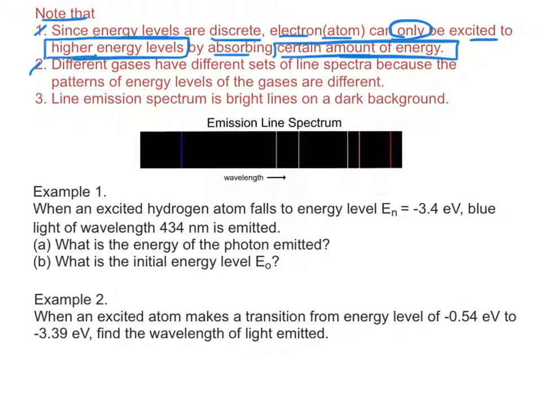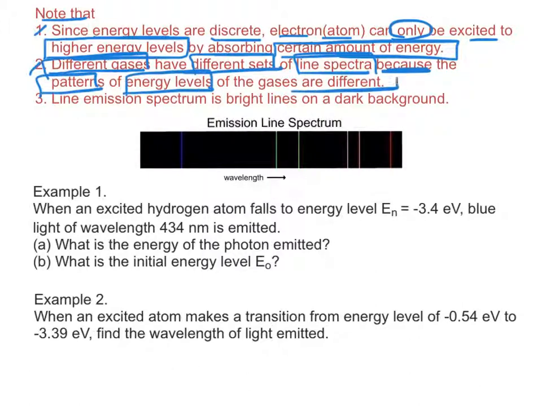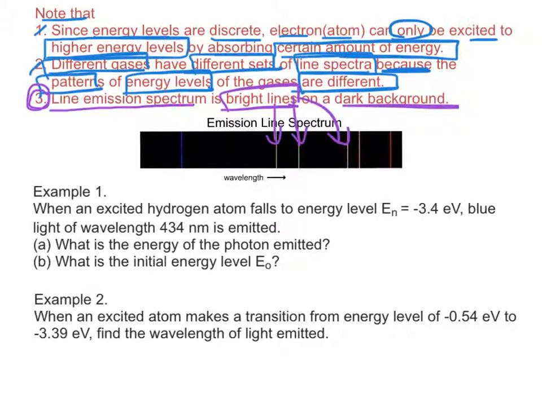Second, different gases have different sets of line spectra because the patterns of energy levels of the gases are different. Also, you must notice that line emission spectrum is bright lines shown on a dark background.